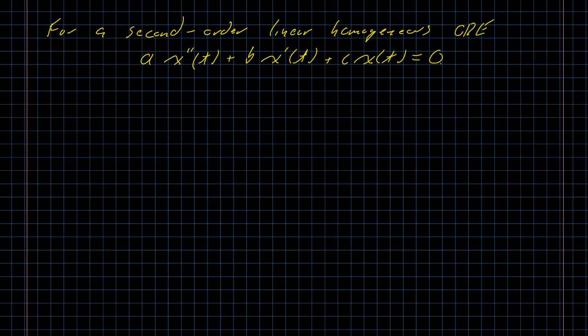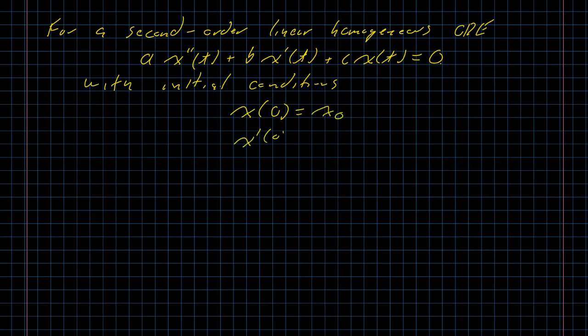So for a second order linear homogeneous ordinary differential equation, a times x double prime of t plus b times x prime of t plus c times x of t equals 0, with initial conditions x of 0 is equal to x naught, x prime of 0 is equal to x1, there exists a unique solution.